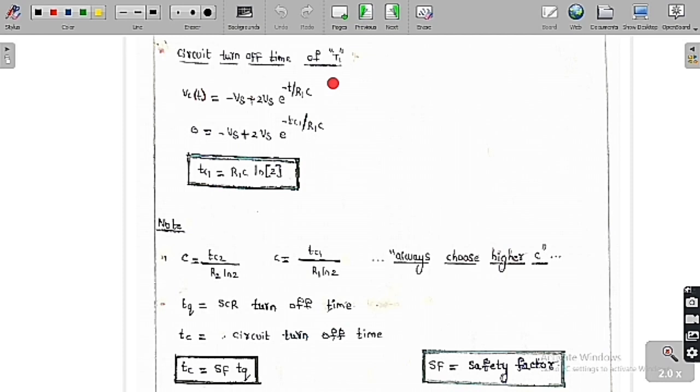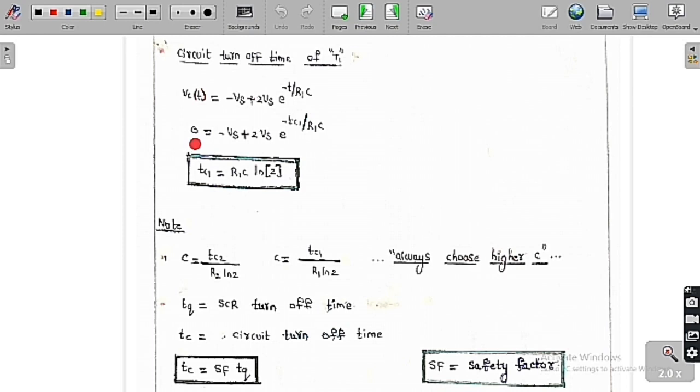But if the capacitor voltage is negative, then it is not a reverse voltage. So the only thing we need to find is up to what time the capacitor voltage is positive. It is decaying from plus Vs to 0. So in how much time is it decaying from plus Vs to 0? Here the Vc of t expression we already know, which is minus Vs plus 2Vs into e to the power of minus t by R1C. So we have to find at what time its voltage is going to become 0.